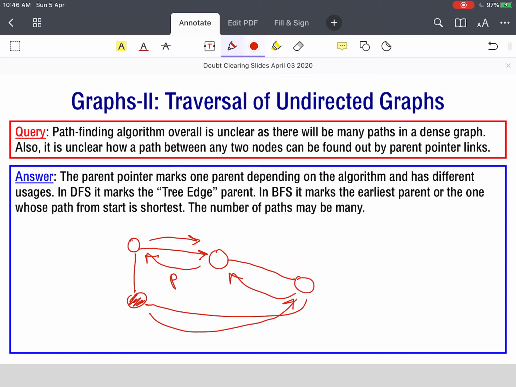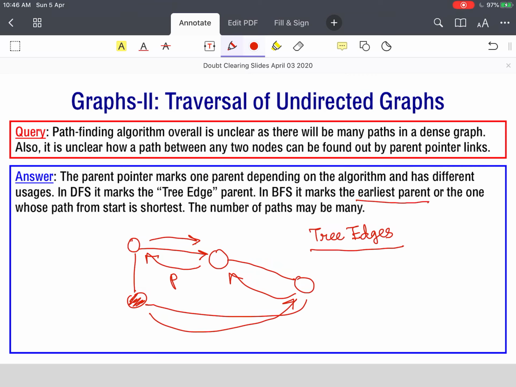So as soon as you reach a particular node, and if it is a connected component, then traversing back through the parent pointers will give you the path back to a node. It need not give you the shortest path, but it will give you some path in a DFS. So that is how you go back through the tree edges, and along these tree edges are the parent pointers.